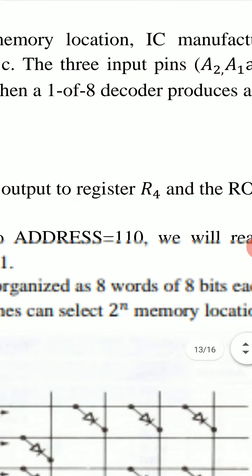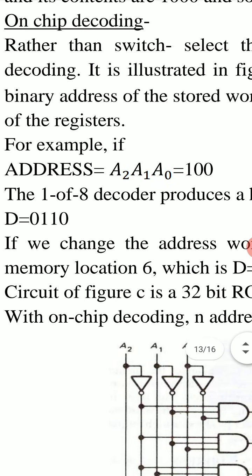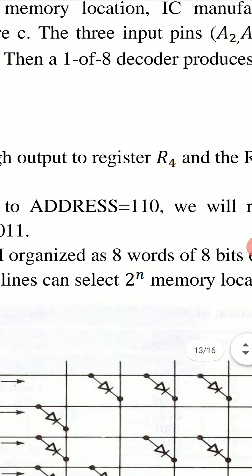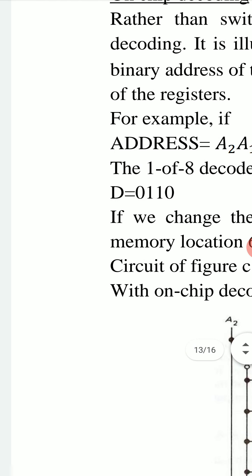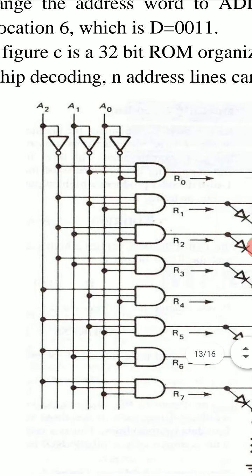The 3 input pins A2, A1 and A0 supply the binary address of the stored word. Then a 1 of 8 decoder produces a high output to one of the registers. If we have 3 lines, 3 pins, then we have 2 to the power 3, that is 8 registers from R0 to R7.